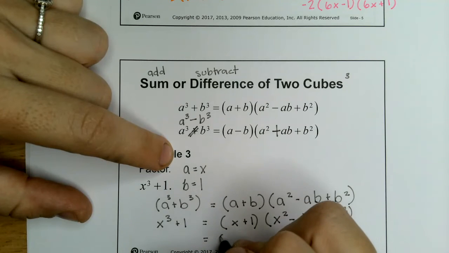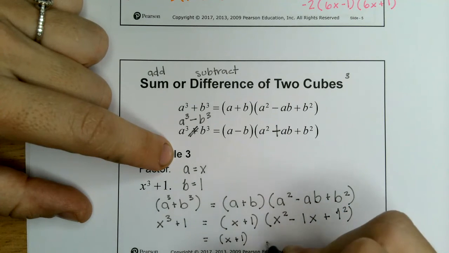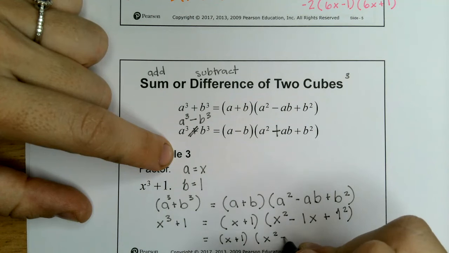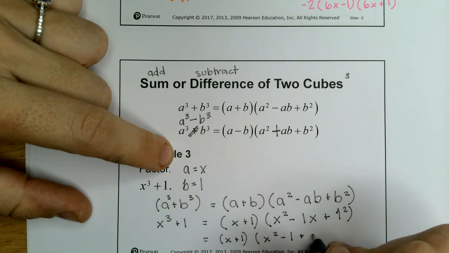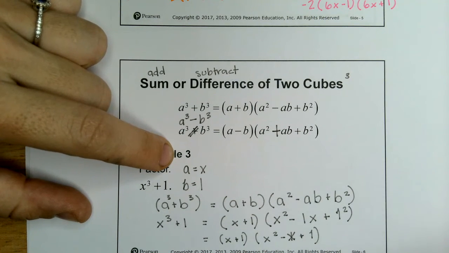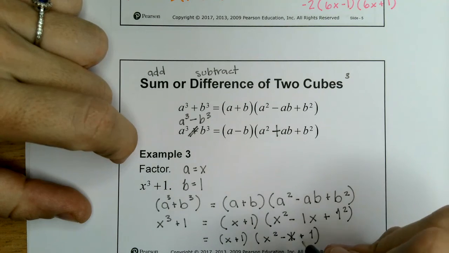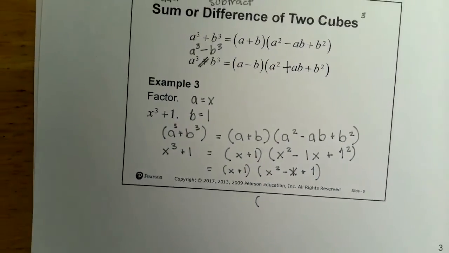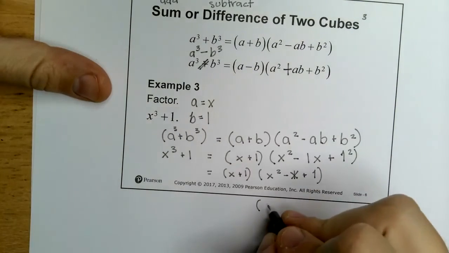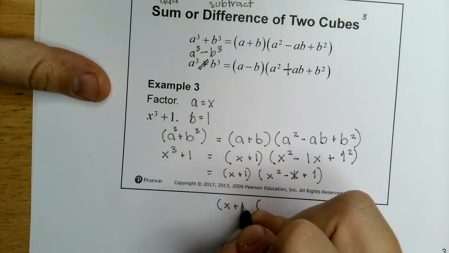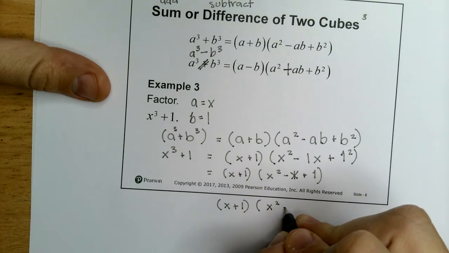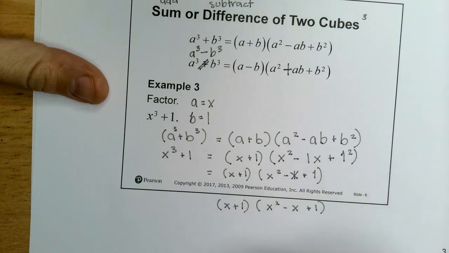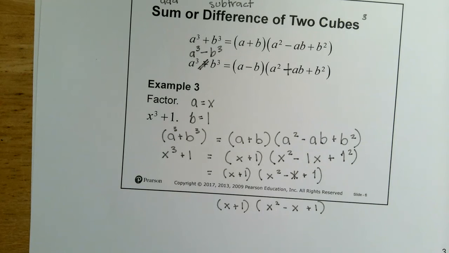So that becomes x plus 1 times x squared minus x plus 1. Let's rewrite it one more time. X plus 1 times x squared minus x plus 1. Final answer. Okay.